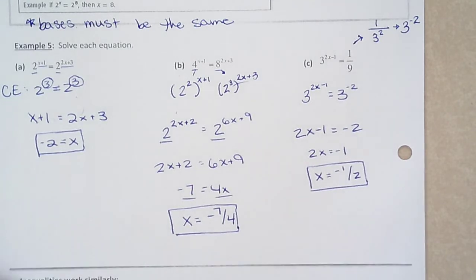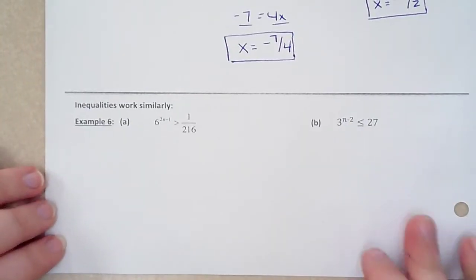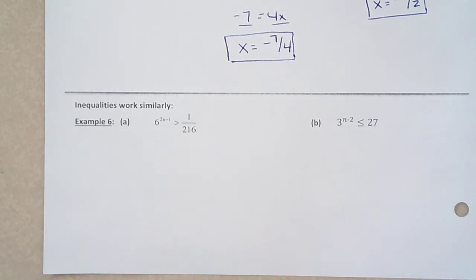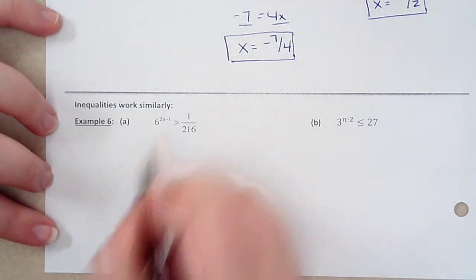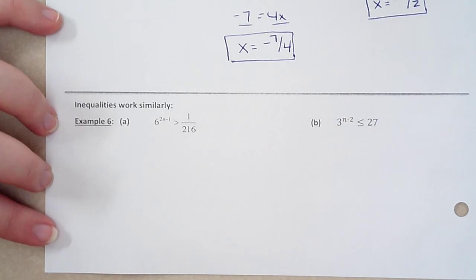All right, and to just take it one step higher, add just that little last bit of challenge, let's see what these inequalities do. How do inequalities work? Well, first off, we have to be able to have the same base. We still want to use that property of equality for exponential functions, so we still have to find a way to make these bases equal.